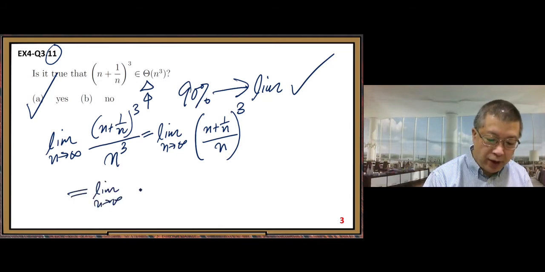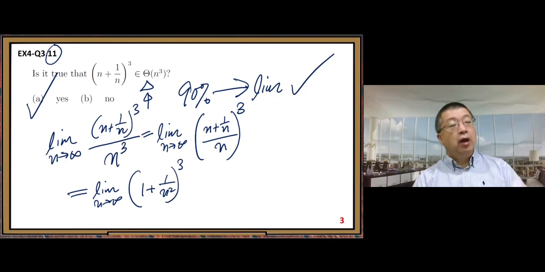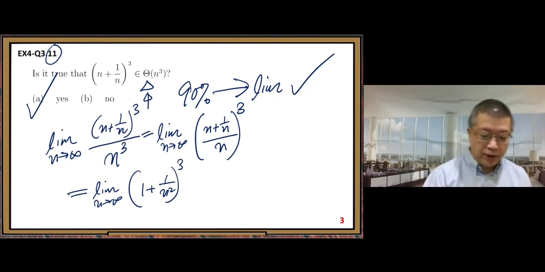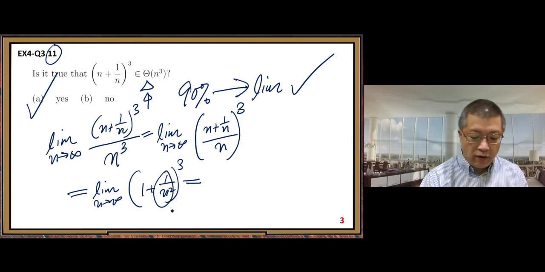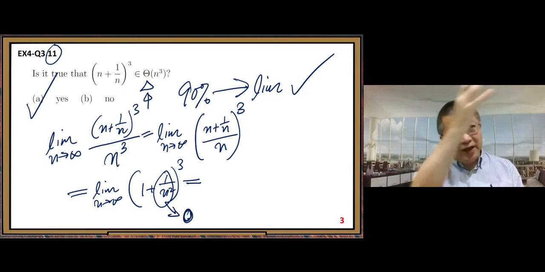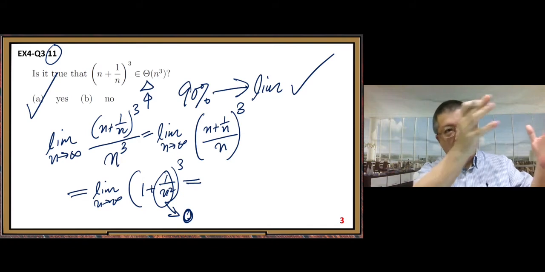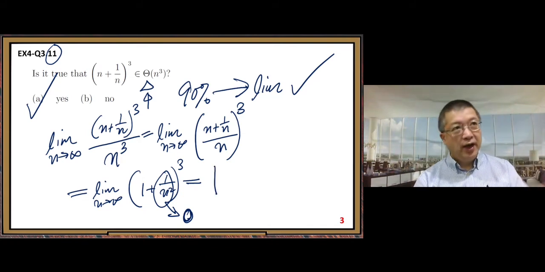n goes to infinity. Inside the big parenthesis, 1 plus 1 over n, cubed, right? Now it's easy to see the answer because 1 over n goes to 0 when n goes to infinity. 1 plus 0 is 1, and 1 cubed is 1.